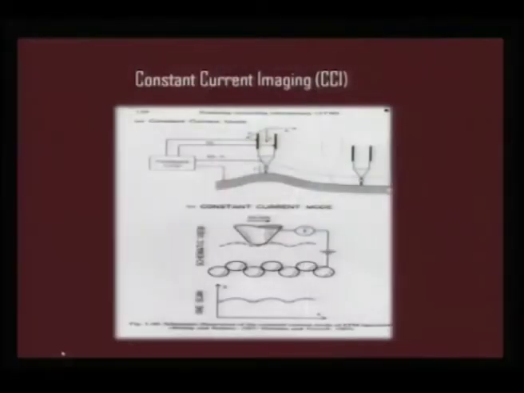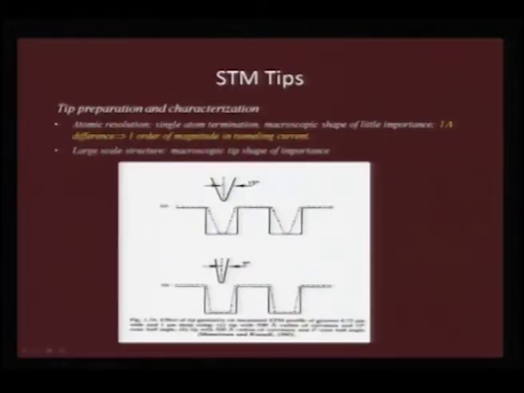Therefore, it is always better to have a much cleaner surface. So, sample preparation becomes a very important issue. This is another cartoon that shows the same idea of what this constant current imaging approach means.